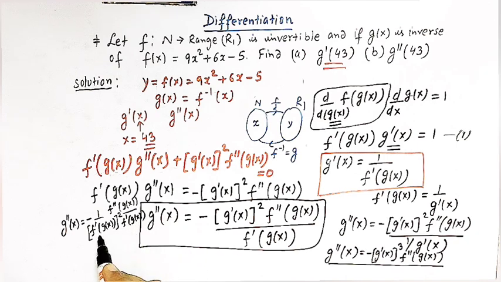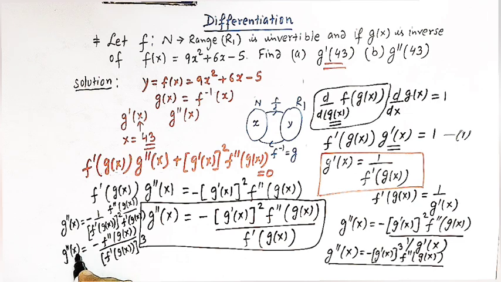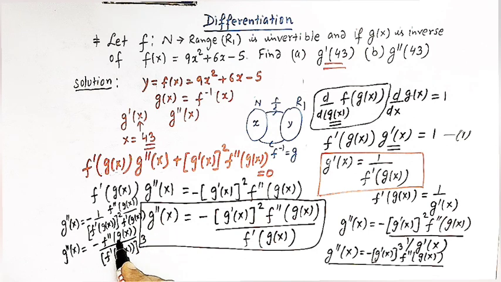Now if these two terms get multiplied, we have minus f double prime of g of x divided by f prime of g of x, where the power is 2 and here the power is 1, so this is the cube, right? So the second derivative of g of x can be given by this expression also: minus f double prime of g of x divided by the cube of f prime of g of x.